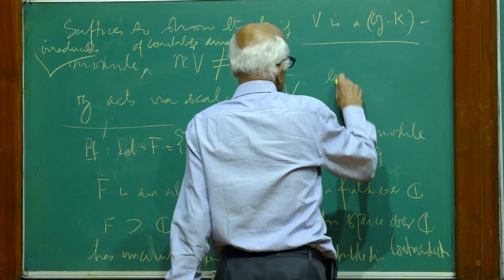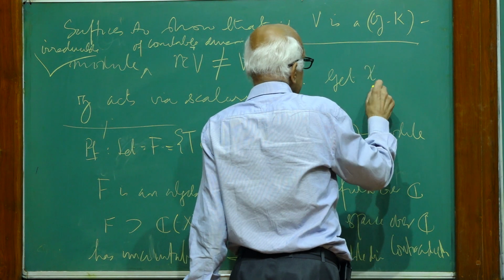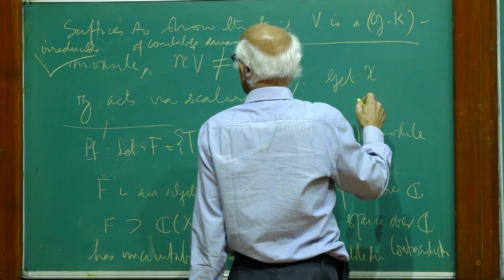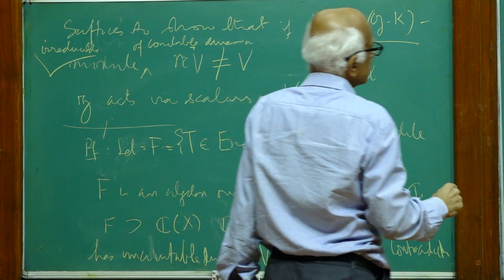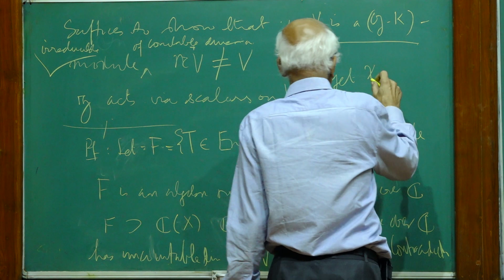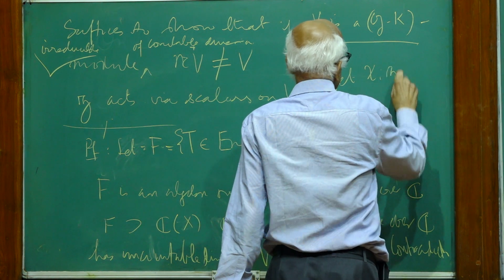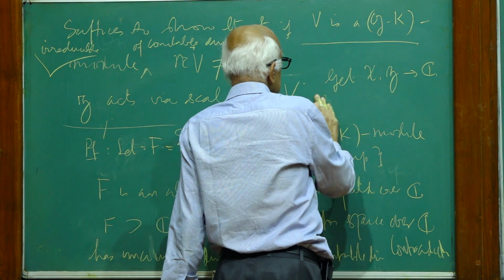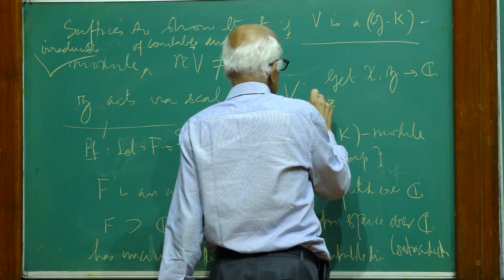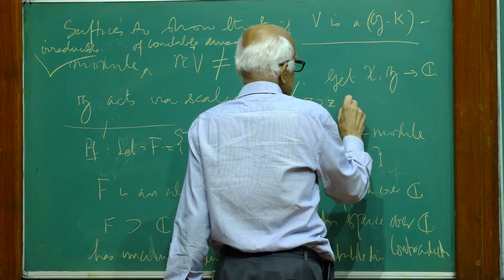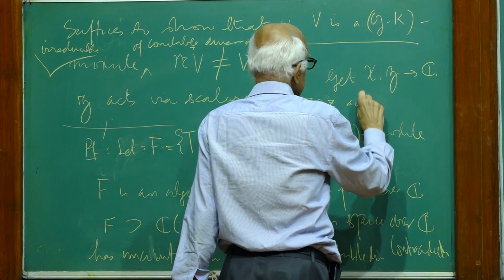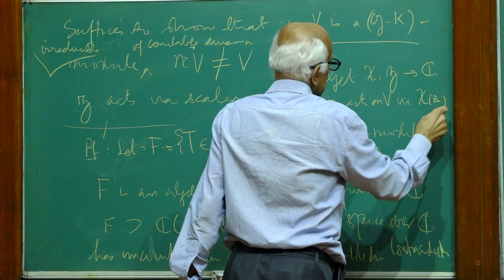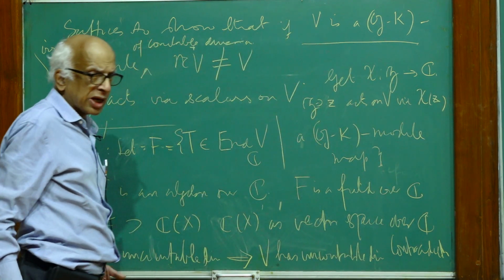So we get the so-called infinitesimal character of the representation, chi from Z to C. So chi of z, for z in Z, acts on V via chi(z). This is the so-called infinitesimal character of the representation.